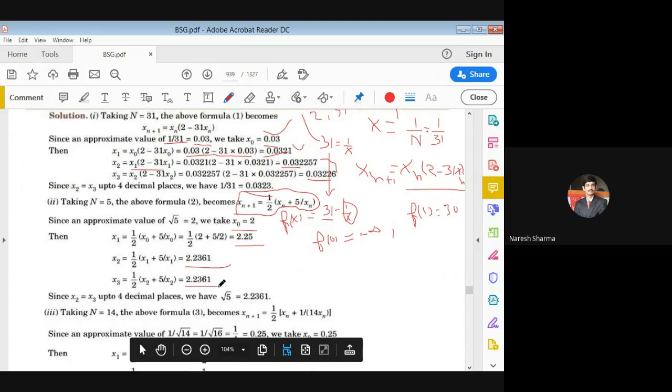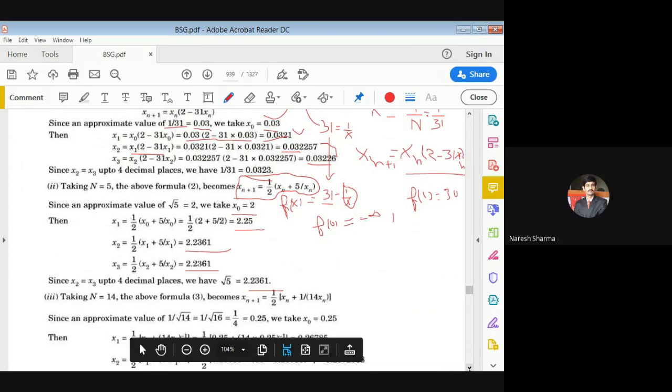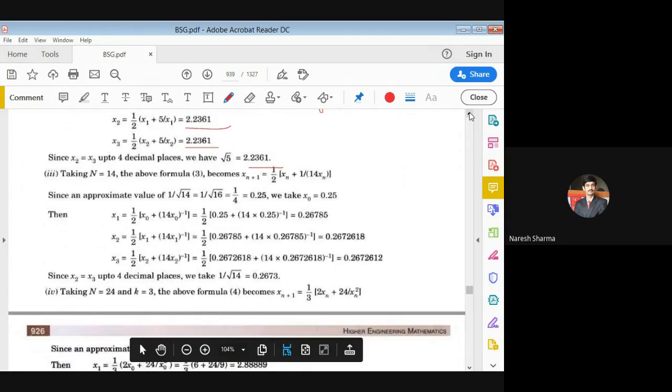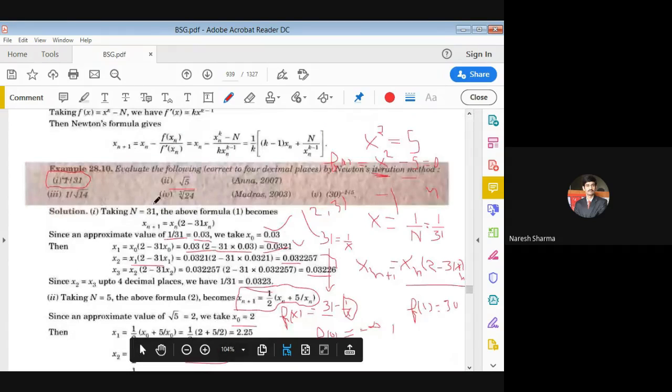Again, if you put it, we get nearly the same result up to 4 decimal places. So this is your final result for root 5. Hopefully you remember this value directly, that is 2.236 for root 5. We normally use this. Similarly, you can try the remaining questions here, this one and this one.